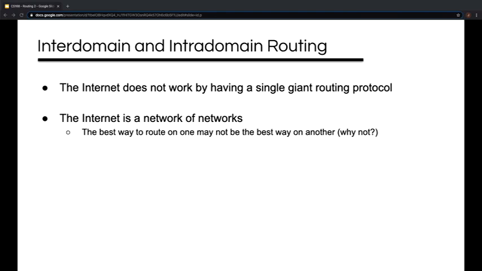Yeah? It seems like the one we used yesterday would have trouble if you had a lot of nodes to route to. You have to keep track of so many. Yeah, so the suggestion was the one from last time wouldn't scale too well because of how many routes you need to keep track of.